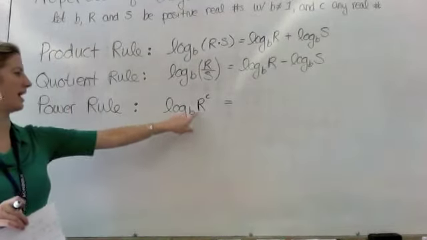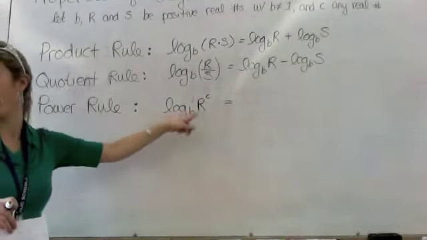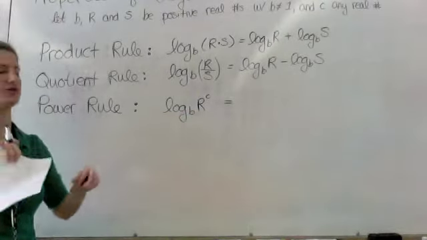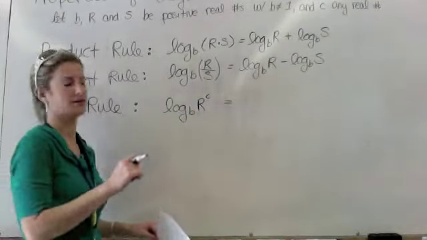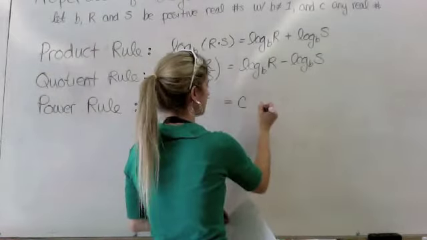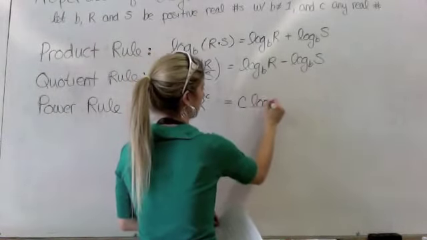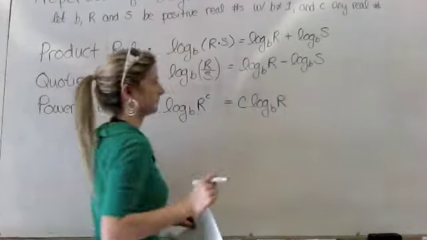Now, you're used to it when I had this also be B and something happened. So, why don't you tell me what you think it's going to be? C log B R. Very good. C times the log base B of R.